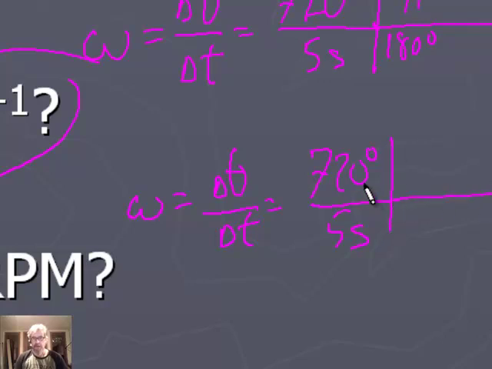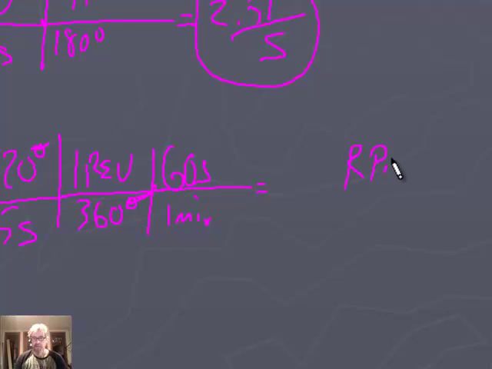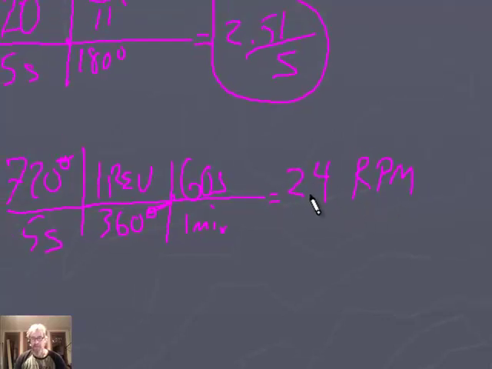Every revolution, 1 rev, is going to rotate you through 360 degrees. And then that will get us degrees gone. Now we'll have revolutions per second, but we want revolutions per minute. So we'll use the conversion factor that 60 seconds is the same thing as 1 minute and get ourselves some RPMs here. And in revolutions per minute, it's going to be 24.